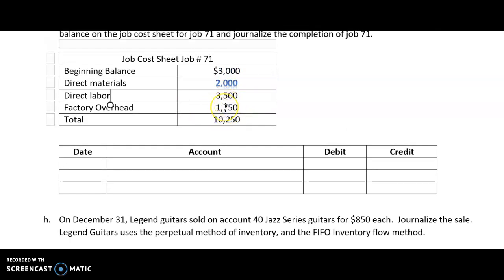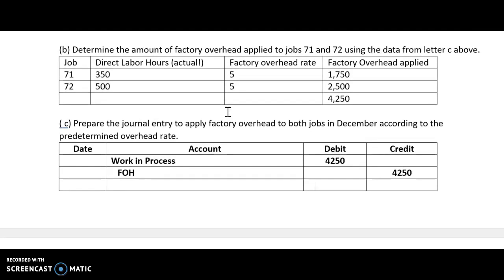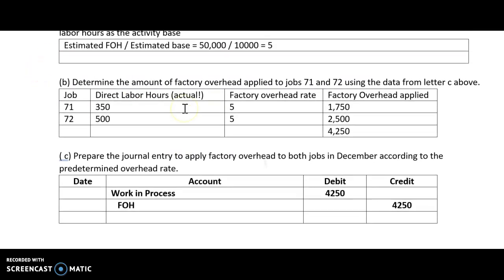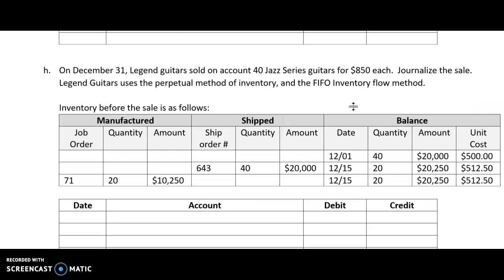Factory overhead: we will look and see that job 71 had 350 hours at an overhead rate of $5. So $1,750 was assigned to our factory overhead.